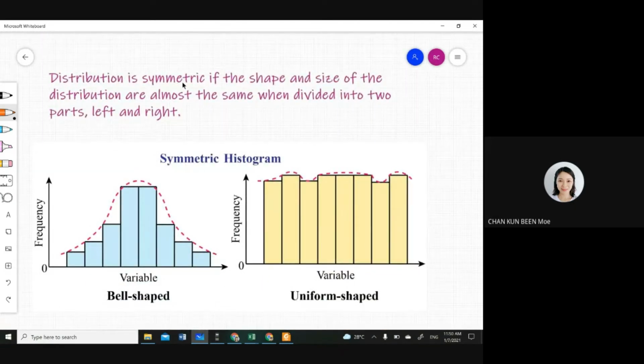Distribution is symmetric if the shape and size of the distribution are almost the same when divided into two parts, left and right. So if you look at left, when you divide, they are almost symmetry. So it's almost the same as the right. We say that these are symmetric histogram. Same with this one. The left is more or less the same as the one on the right. So we call it symmetric histogram.